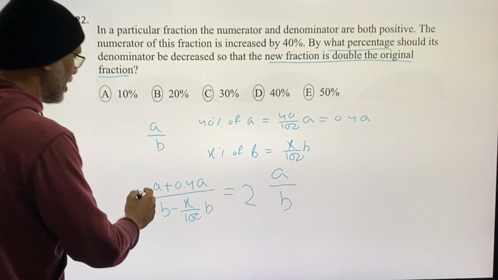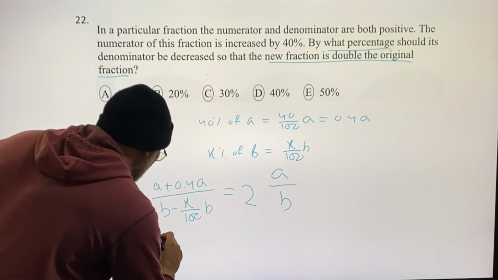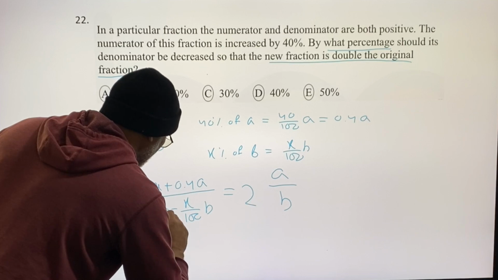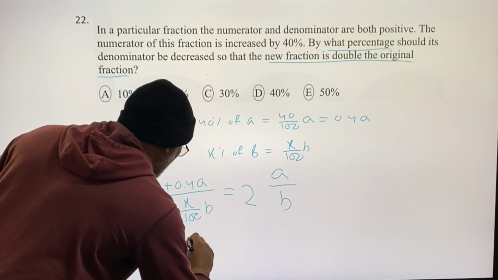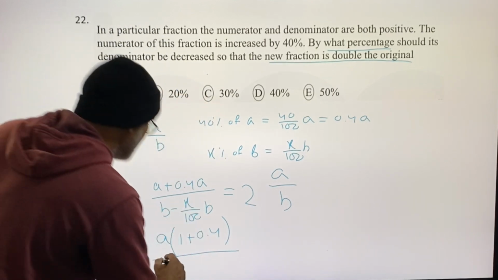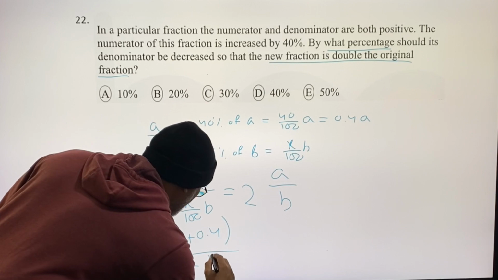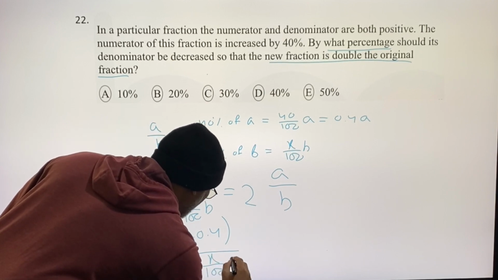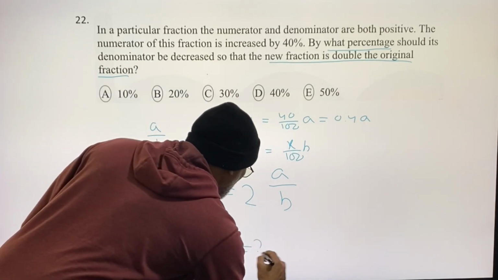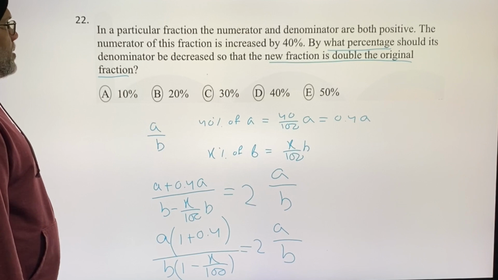All right. Now, if I use the distributive property, the numerator becomes A times 1 plus 0.4, divided by B times 1 minus X over 100, right? Okay, so this has to be 2 times A over B, right?